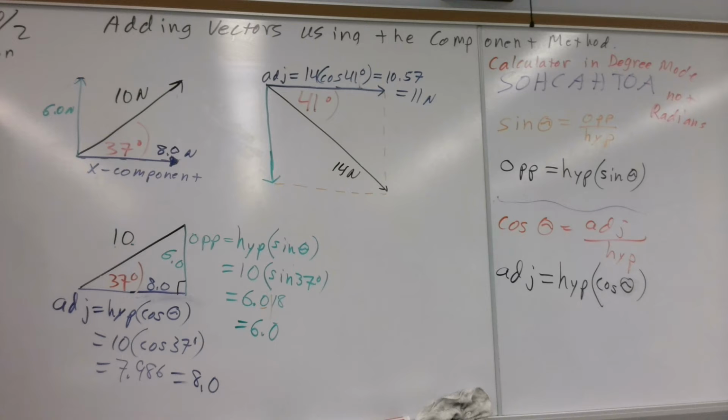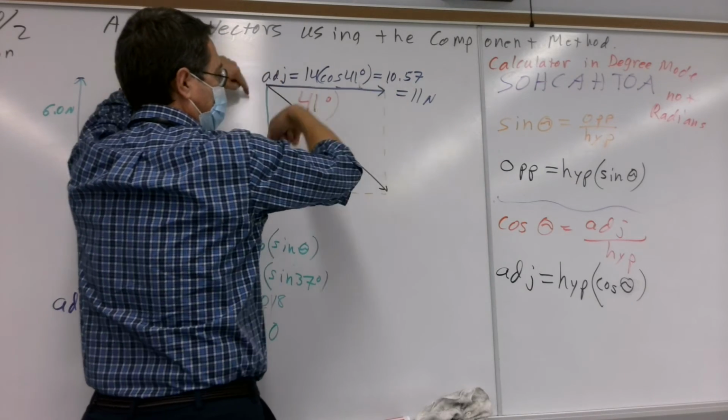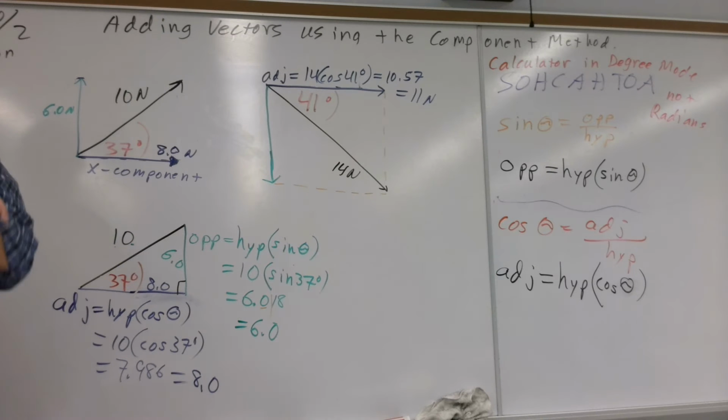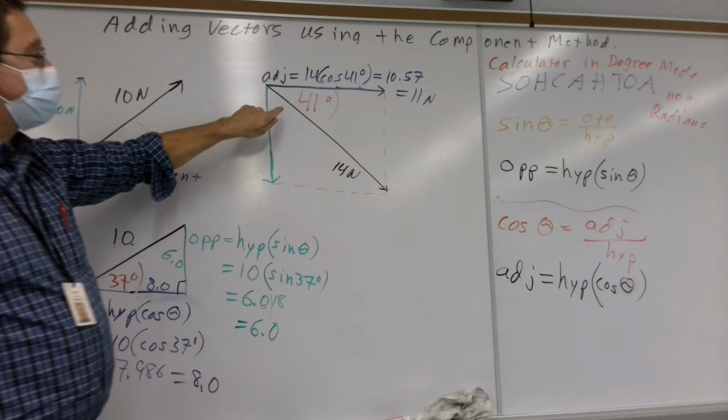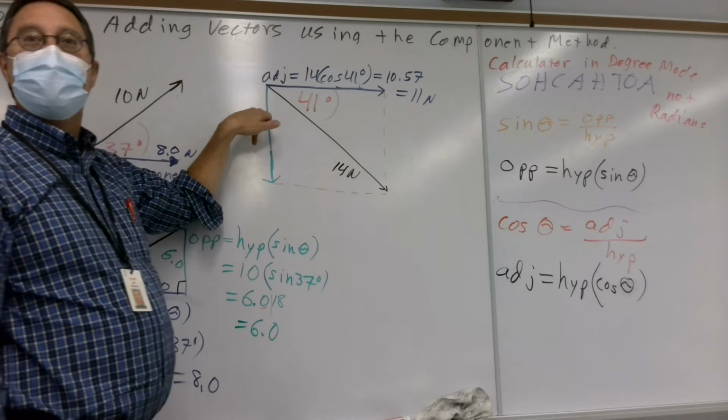And here's how you can use cosine twice if you want. If you want to use sine, just visualize that the green one is over here, so now it's the opposite of 41, right? You can use sine. But what if we knew this angle? Then we could use cosine for this side too, right?